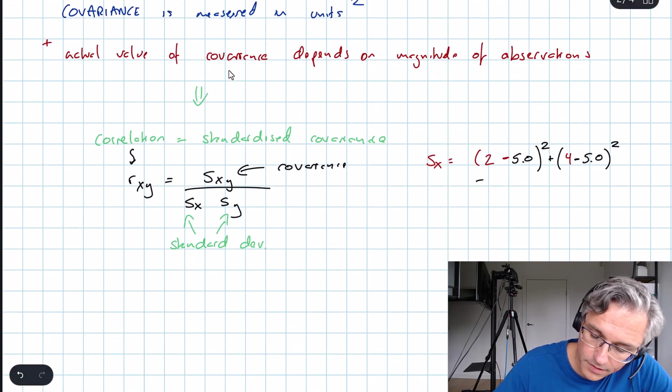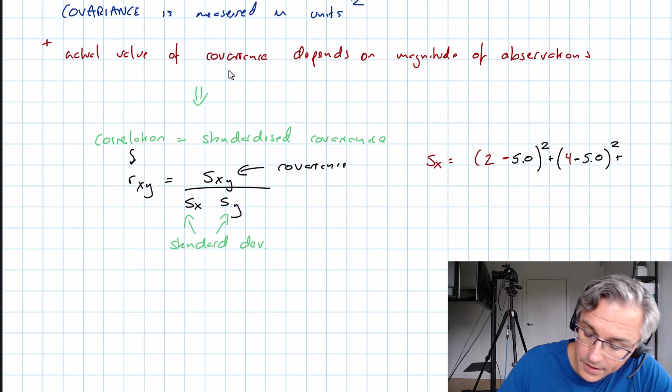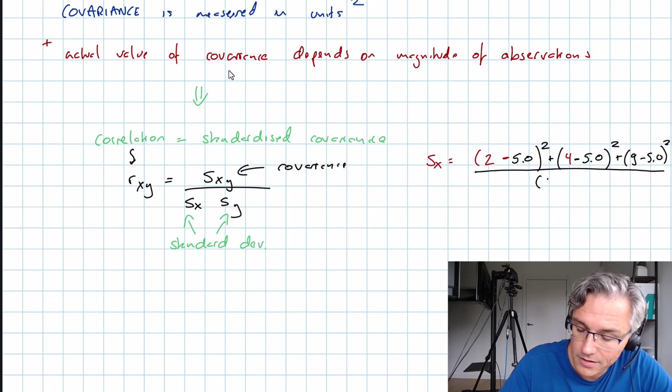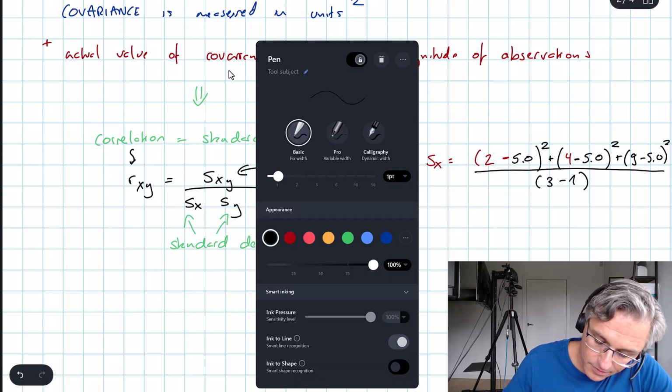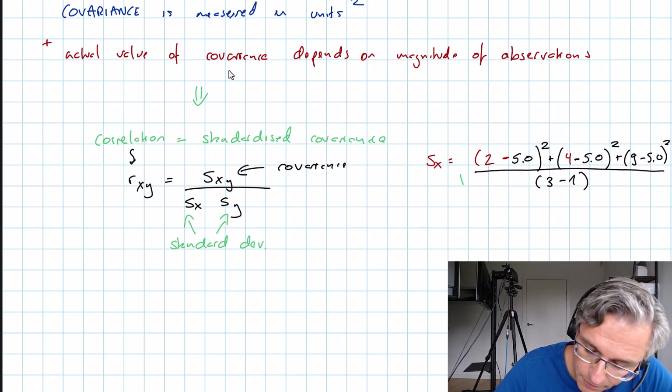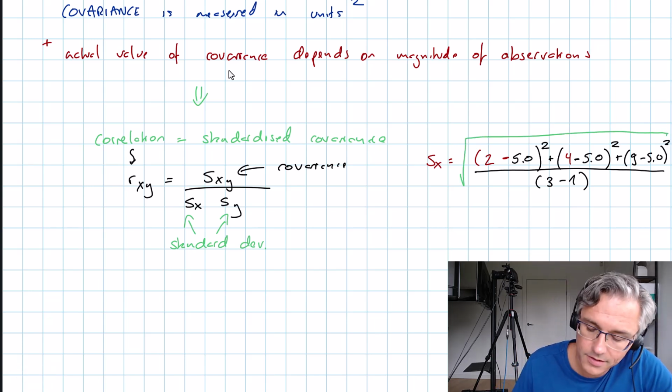Let me try and fit this in over here so as not to extend my fraction too much. 9 minus the 5, square that. And we divide by n minus 1, which is 3 minus 1. But if we left it like this, this would simply be variance. We have to take the square root to get to standard deviation.